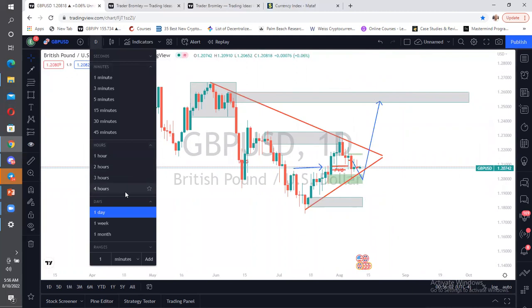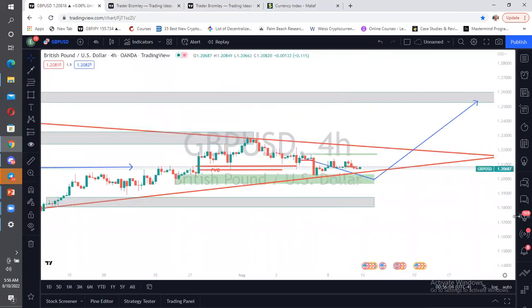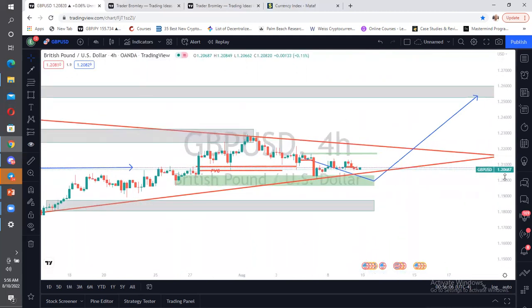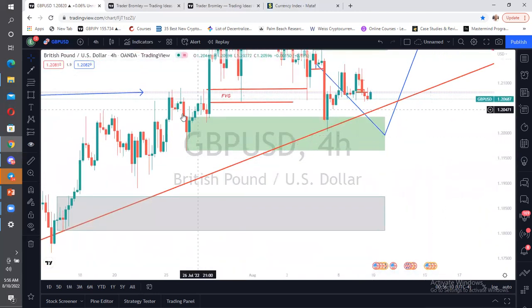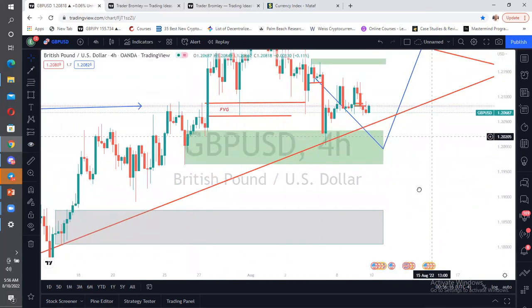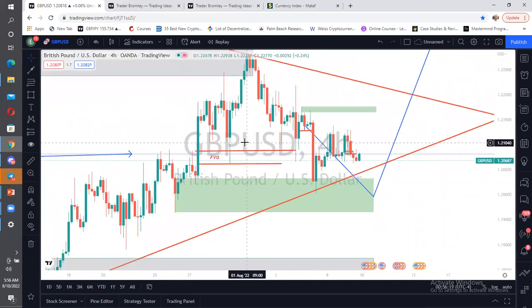If you go to 4 hours, you will see that this market has broken through to the downside, came back down. So we wanted to see a kind of a push to the upside.